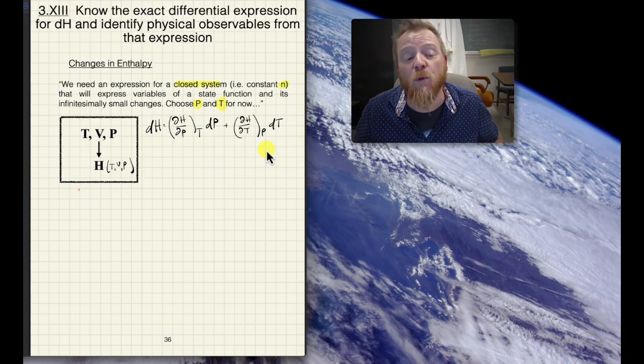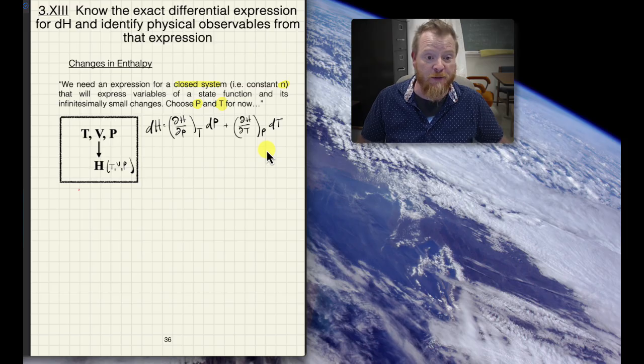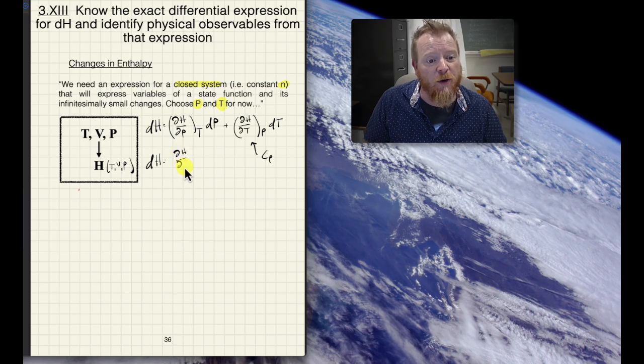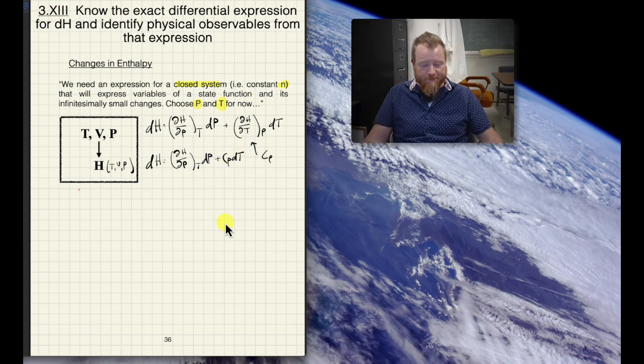And now once again, we'll look at these derivatives and try to see if we can find some relationships that are familiar. Hopefully we can recognize this one. That is Cp, the constant pressure heat capacity. So rewriting this expression, dH equals the partial of H with respect to P at constant T dP plus Cp dT.